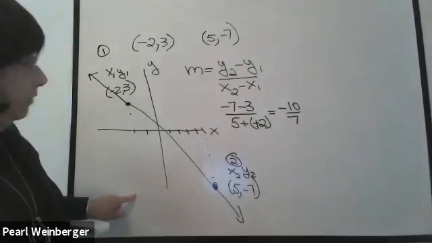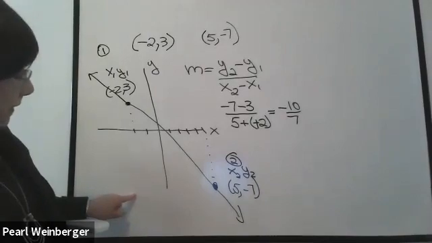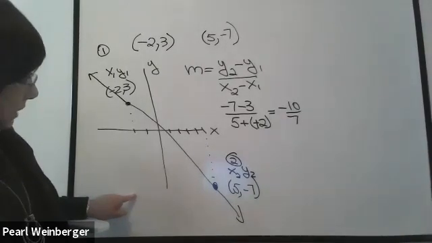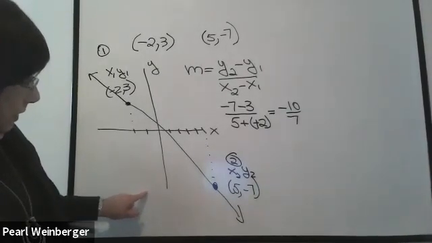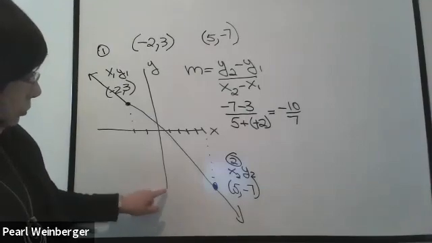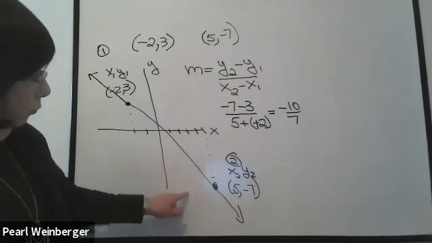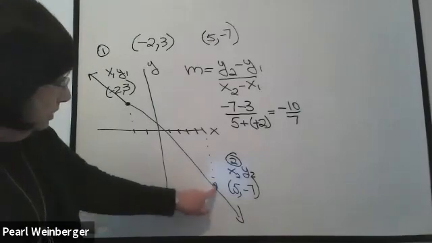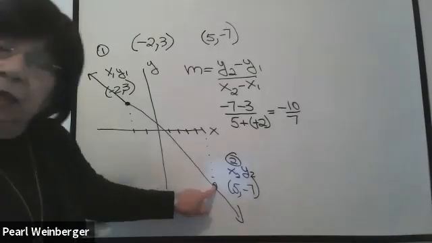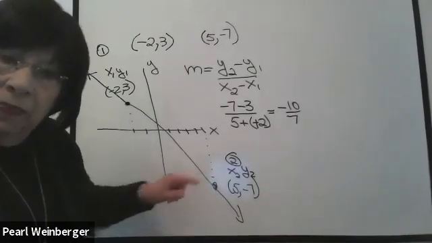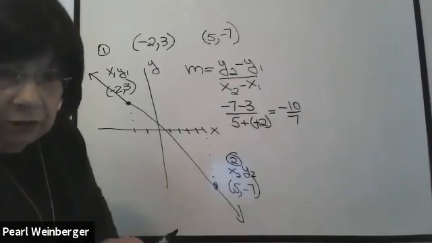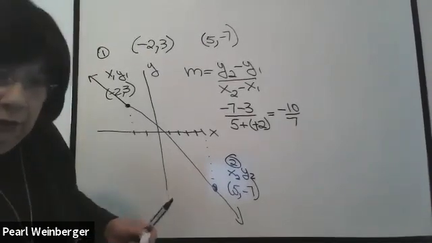Be nice if I had graph paper so you could see it clearly. And then over 7, I'm running 7. 1, 2, 3, 4, 5, 6, 7. It gets me to another point down the line. That's what the slope is telling us.